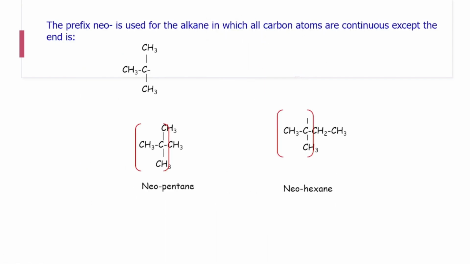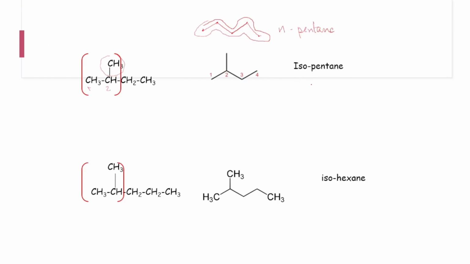So in this case I have isopentane, because iso is a prefix that's added because I have a methyl group at carbon number 2, as you can see, and pentane because the total number of carbons in the compound is 5 carbons.